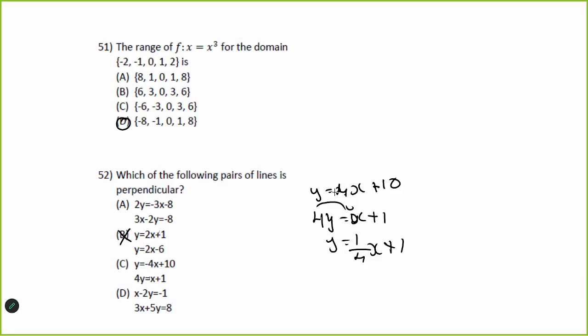This one is negative 4, and the gradient of this one is a quarter. Negative 4 by a quarter is negative 1. So the answer would be C.